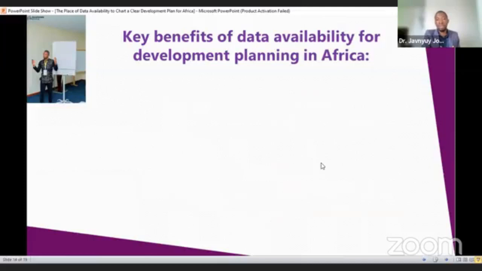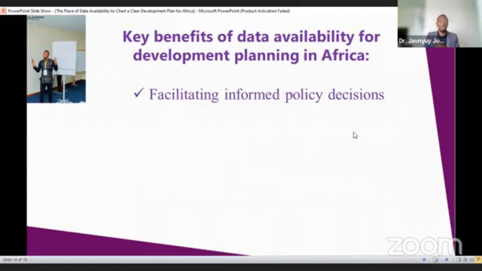Now, key benefits of data availability for the development of Africa, and we can chat on questions and contributions. Number one, I said this earlier already in one way or another: facilitating informed policy decisions. I strongly believe that Africa is as backward and struggling as it is because our policymakers, our presidents, our ministers, make decisions from the place of "I feel, I think, I am connected to this village and to this person."